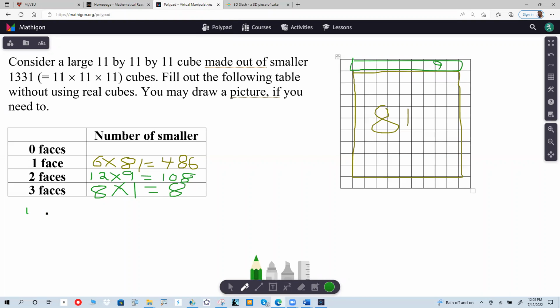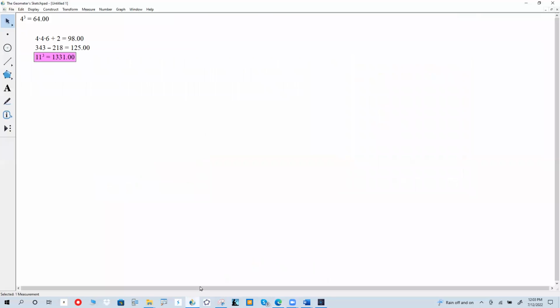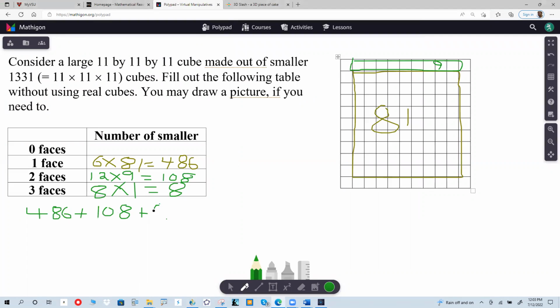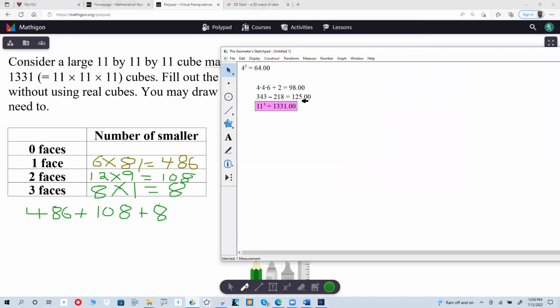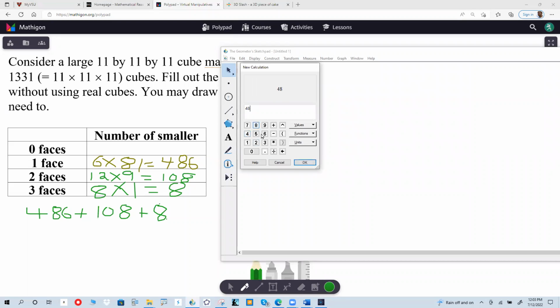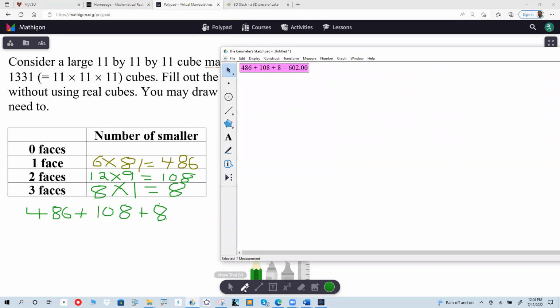If you add them up, 486 plus 108 plus 8, I'm going to use my calculator, is 602. So this is 602.